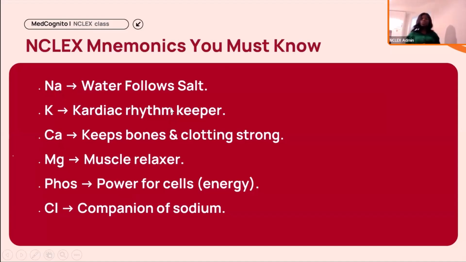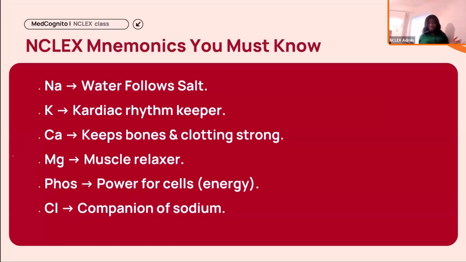Sodium, water follows salt. So wherever water goes, sodium will follow. And then potassium, the cardiac keeper. So the heart, it works on the heart, okay? Cardiac rhythm keeper. Calcium, bones, working on the bones and helping with clotting. Magnesium, remember, the muscle relaxer.